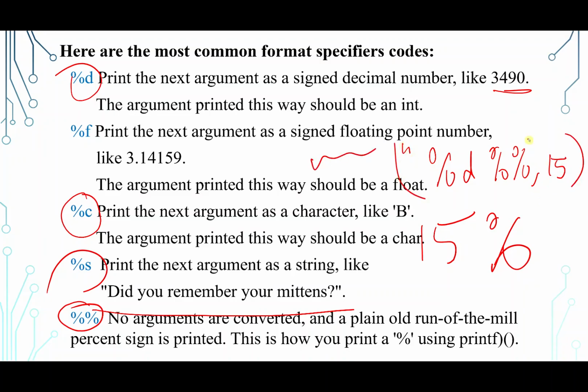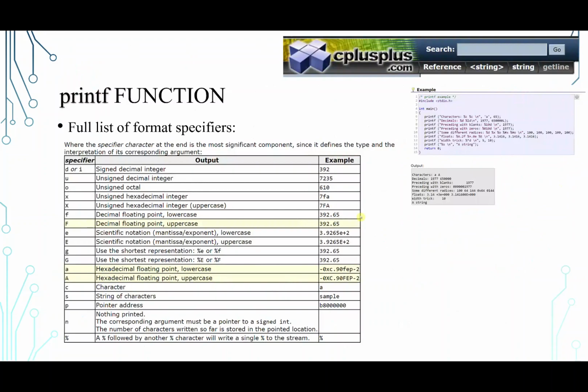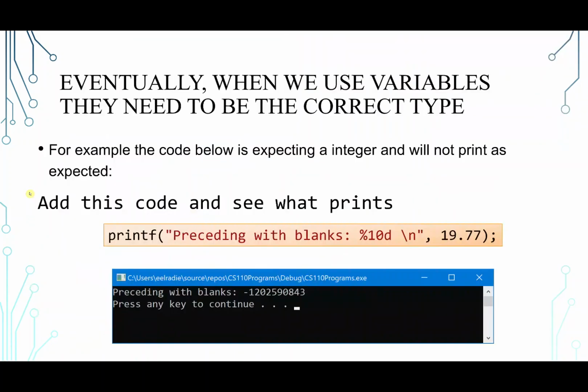This is always in text. So that plugs the 15 in here, then shows 15%. Here's the full list of format specifiers, a lot of them. You need to read about a lot of them if you want to work on more. For now, we are just going to start with a few things.